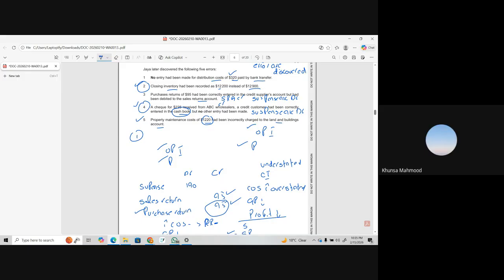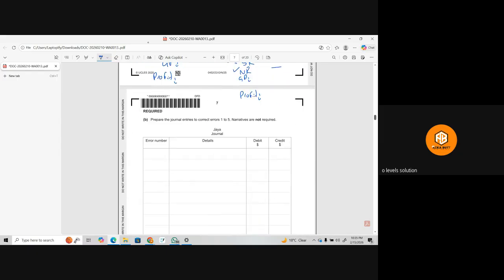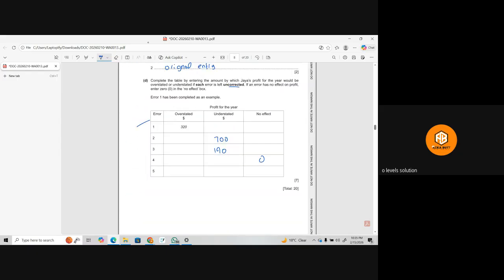No, they are saying property maintenance is an expense. So basically the expense we have made an asset. So it means that we understated the expense. When we understated the expense, profit is overstated. So profit is overstated by 1220.